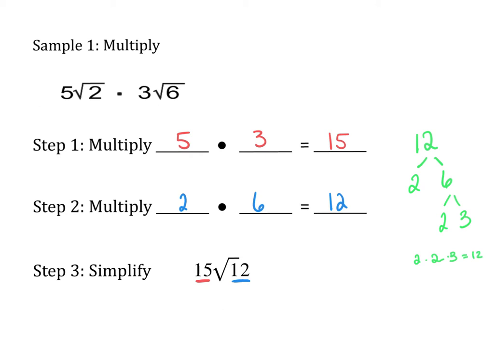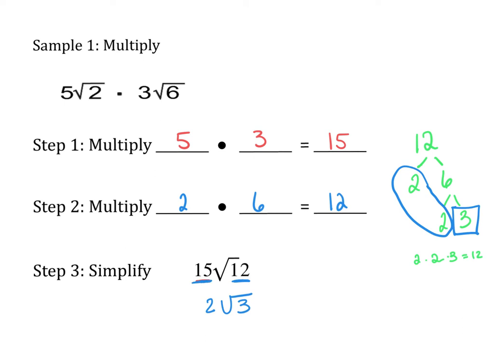All right? Now that I factored it, if it pairs up, it comes out of the radical. If it does not pair up, it stays in. Okay? So I am going to take my pair, which is the 2 and 2, pair up. They go out. So my 2 comes out of the radical. My 3 does not have a pair. It stays in. So my 3 is staying in the radical.